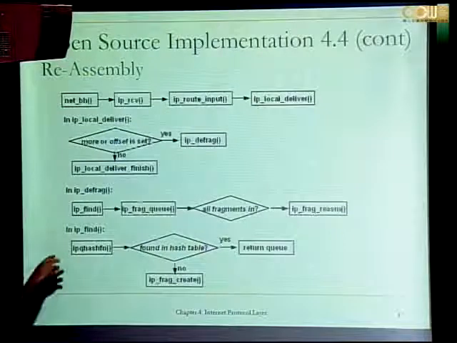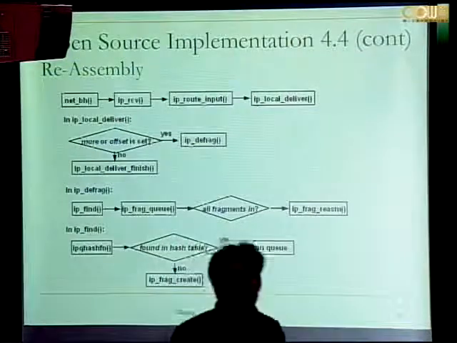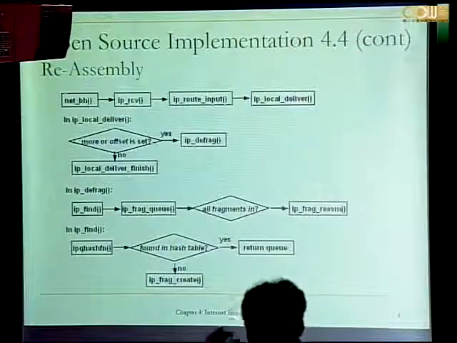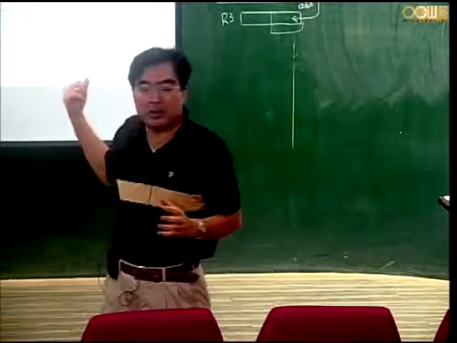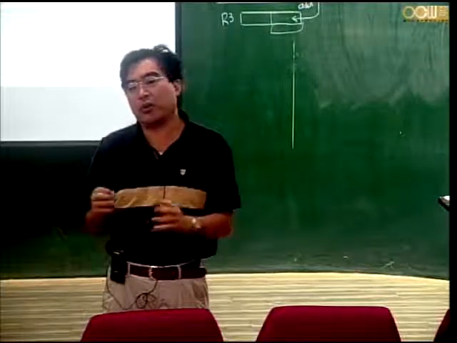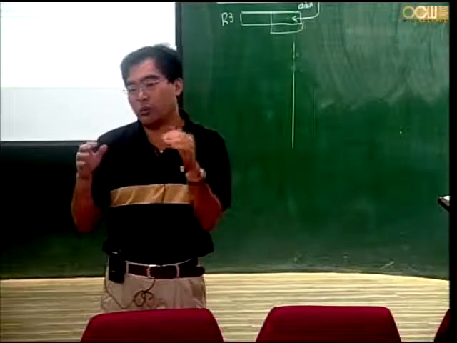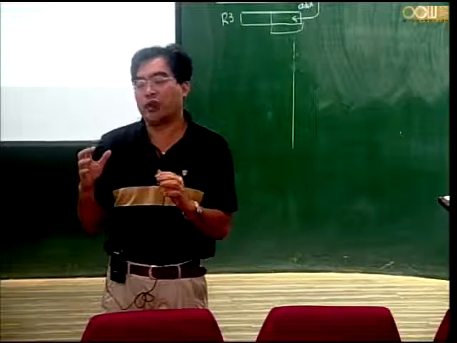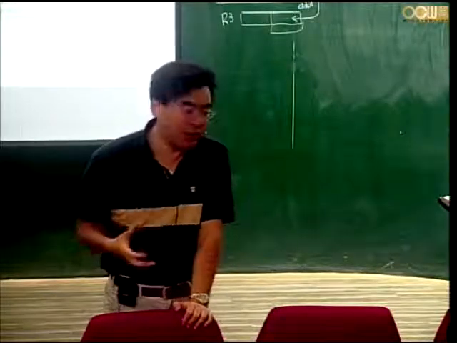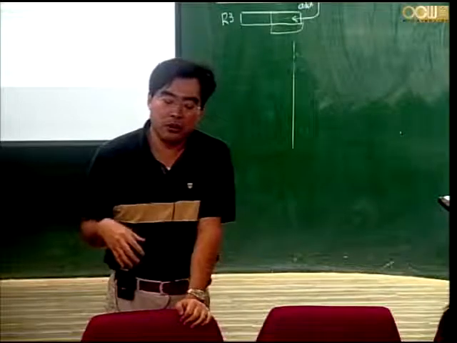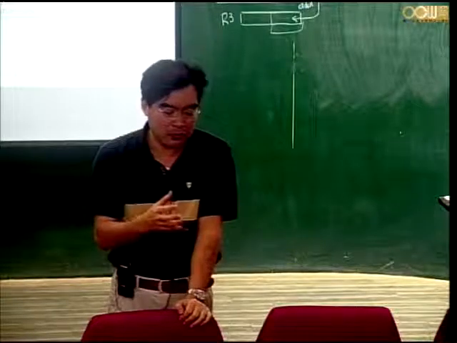So by maintaining a hash table, I only have one hash table for the entire destination host. For this host, I only have a hash table for reassembly, and this hash table would contain fragments of many packets. For example, perhaps I'm waiting for 5 packets, and all of the 5 packets have say 4 fragments.